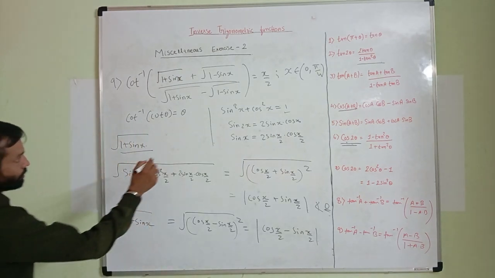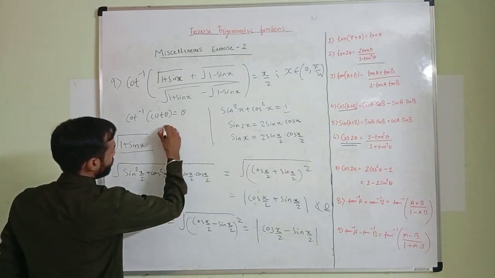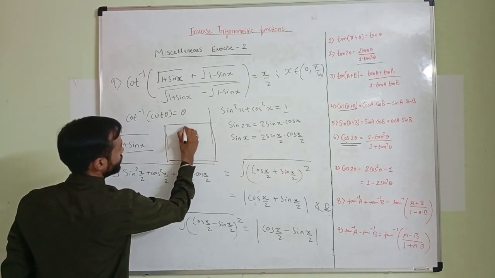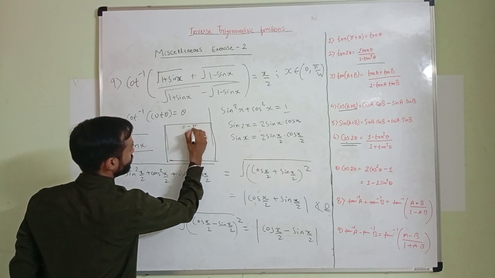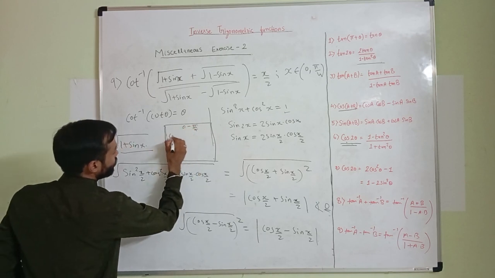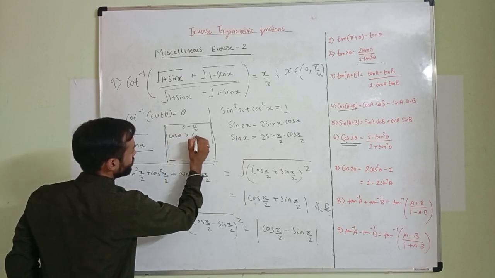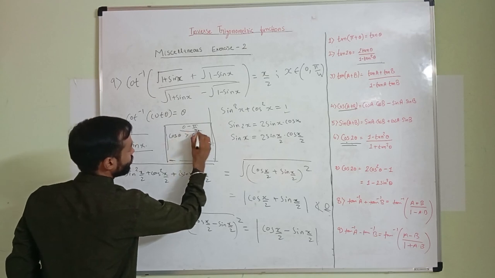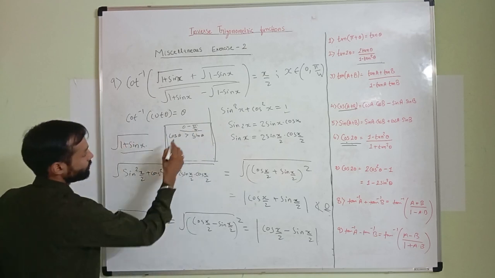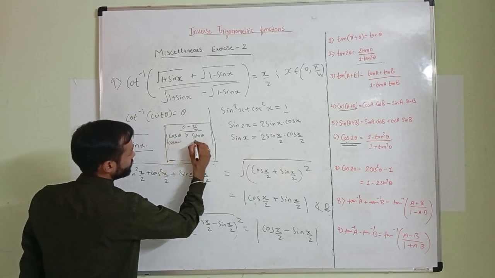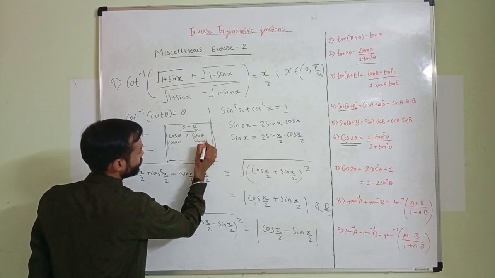So when we are looking at the cos and sin functions between 0 to pi by 4, the value of cos theta will always be greater than sin theta, because cos 0 is 1 and sin 0 is 0.